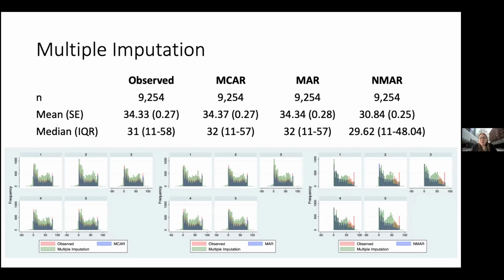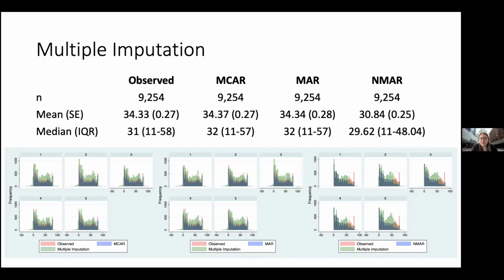So going back to our NHANES data, what I did was an imputation using the multivariate normal approach, MVN, where I did 5 imputations just so that you could visually see 5 of them. Now we're talking about standard errors rather than standard deviations, but our estimate is quite close under the MCAR and MAR situations.